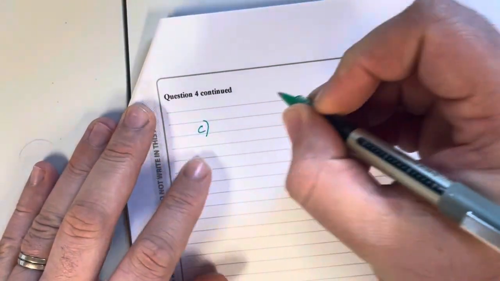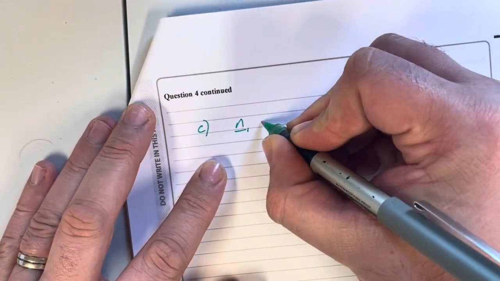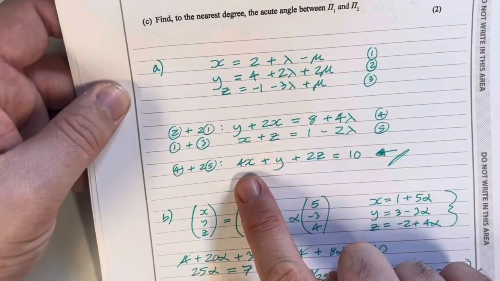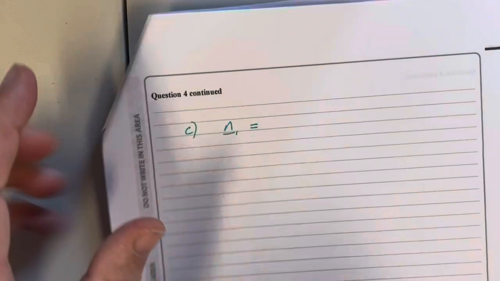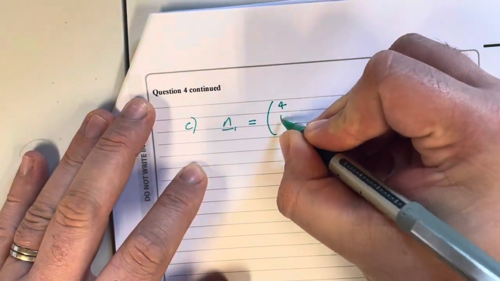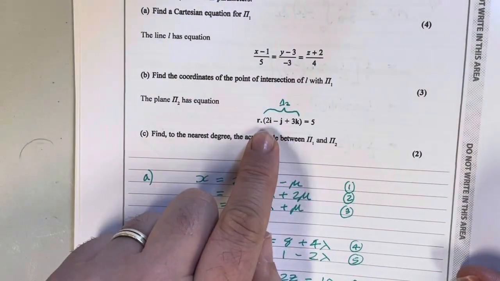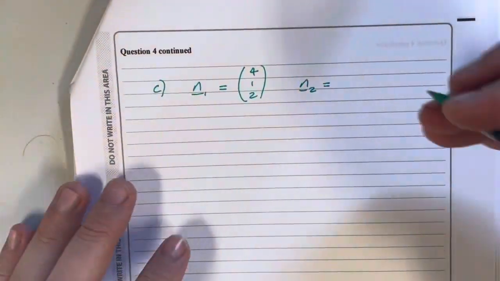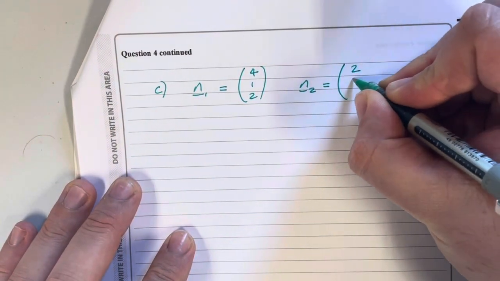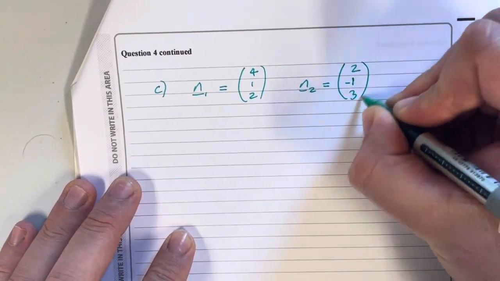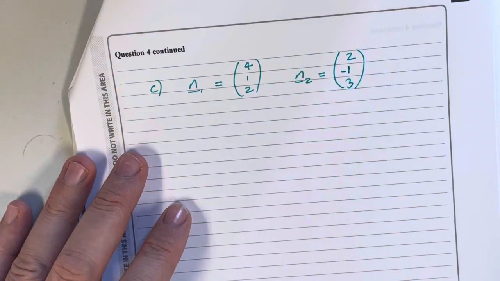So for part C, the normal to plane 1, normal to pi 1, was the coefficients, so 4, 1, 2. And the normal to plane 2 is this, it's 2, minus 1, 3. And we want to find the angle between those.